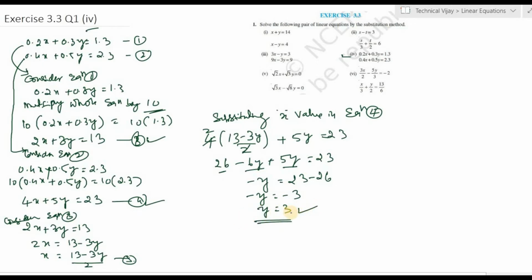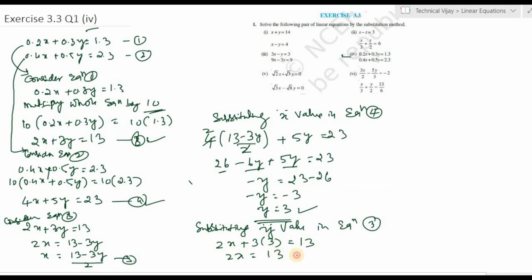So substitute this value in any one of the equations, 3 or 4. So substituting the y value in equation 3. So here 2x plus 3 into y, which is 3, is equal to 13. So 2x is equal to 13 minus 9.